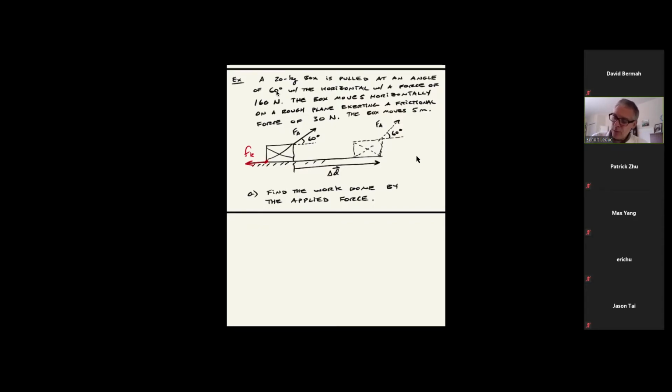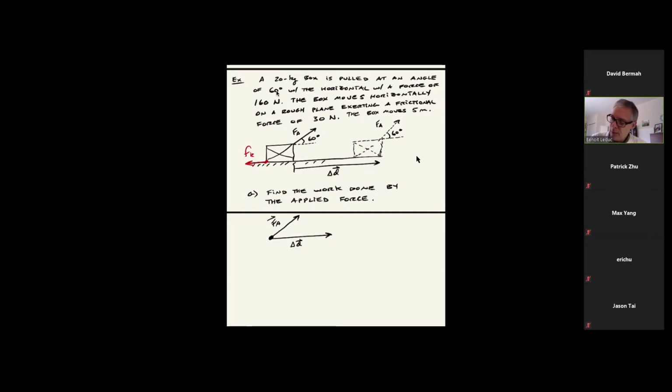Okay, so what we'll do is we're going to use the applied force, right? So this is the applied force right here. And we're going to superimpose the displacement of this applied force. Well, you can see here that the displacement of the applied force will be in this direction, the same as that of the object, right?